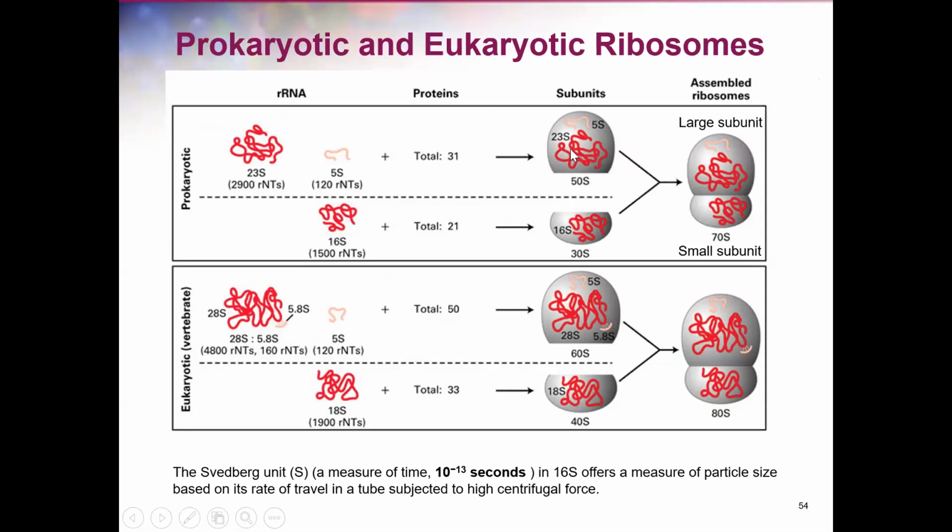You can see this strand, that's actually RNA. RNA is a piece of nucleic acid, and they combine together. There are two kinds: one is 5S RNA, and this is 23S RNA.